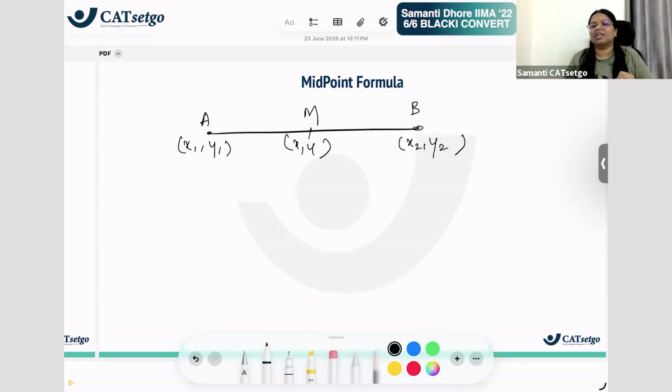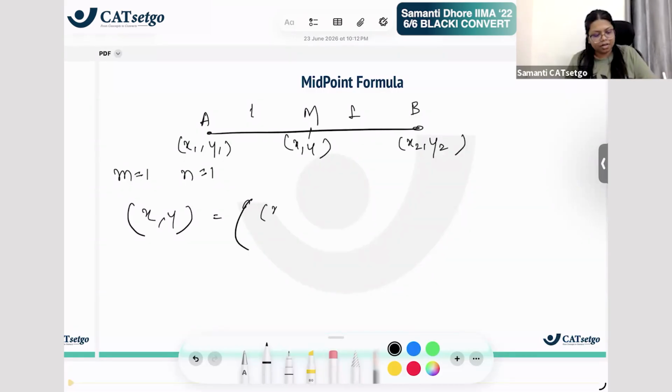This is a special case of section formula where the ratio of division is 1:1. So m also becomes 1, n also becomes 1. And if you put the internal division formula here, what you'll get? You'll get x, y is equal to x1 plus x2 by 2, comma y1 plus y2 by 2.